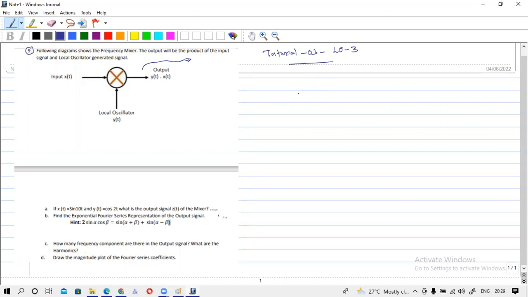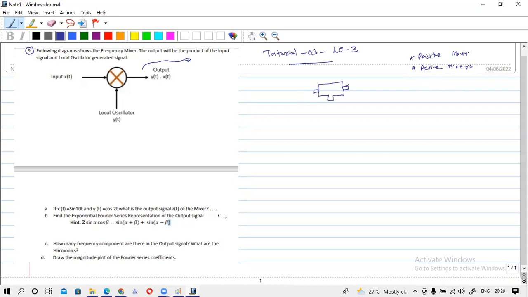So we will move on to our questions. We have a mixer here. Normally an RF mixer has 3 ports. Some mixers are passive mixers and some are active mixers.